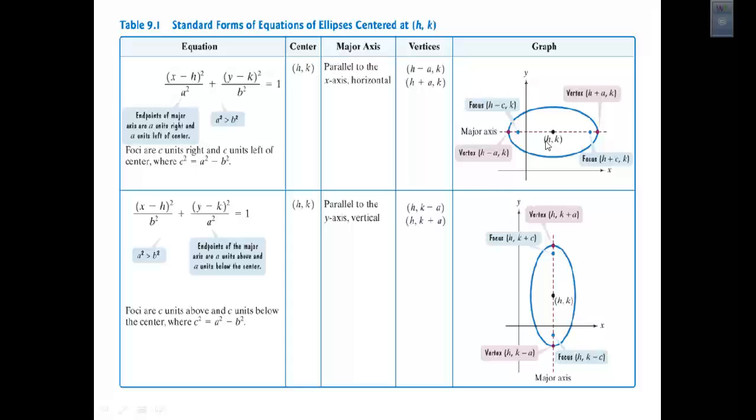Guys, don't worry about trying to memorize those equations, because once you know h, k, then you know that you're going to subtract a and add a to h if it's a major axis that's horizontal, and you're going to add a and subtract a from k if it's a major axis that's vertical.